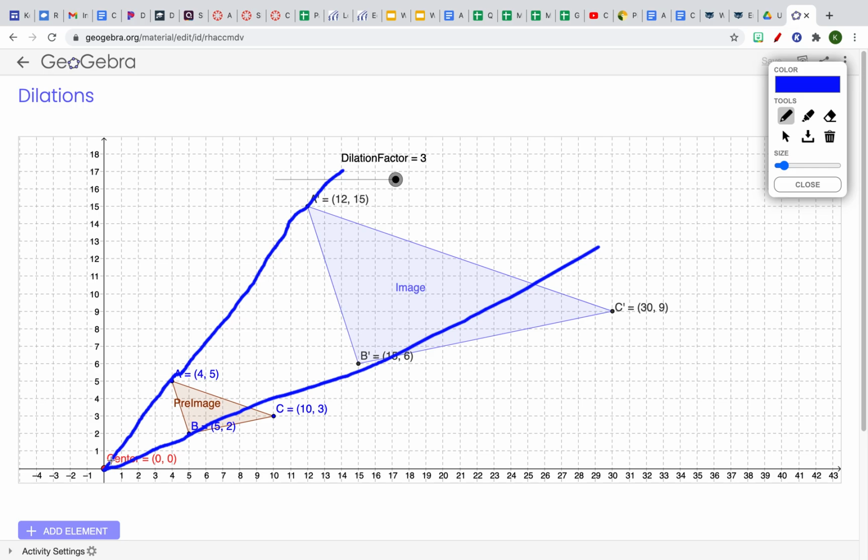And it has to be a straight line. That is maintaining that the angles are the same. So this angle would then be the same as that angle. It's using similar angles. But you would measure, draw your 3 lines away from the center of dilation.